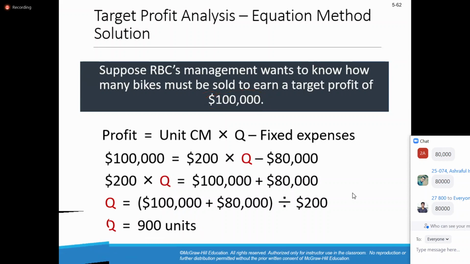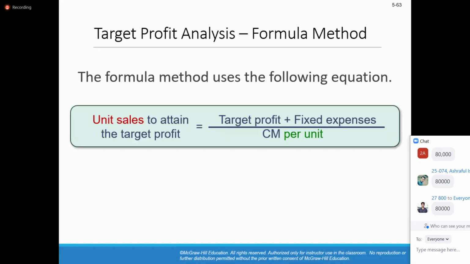Now the formula approach. You probably used the formula method for determining the break-even quantity of sales. Now we are using the formula method for the purpose of getting the target profit.